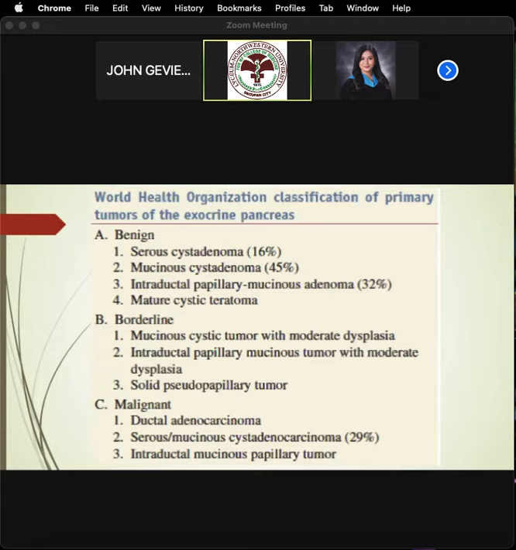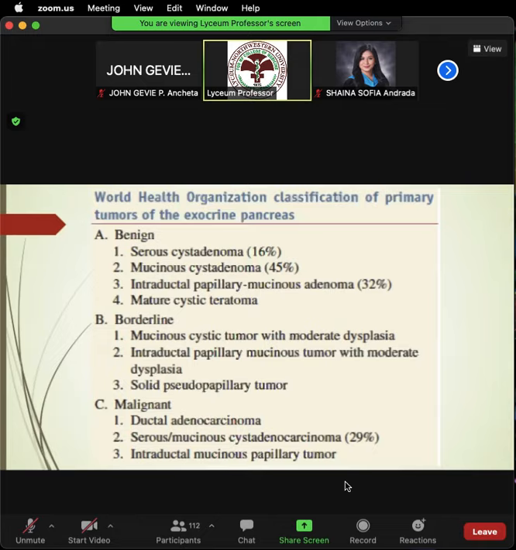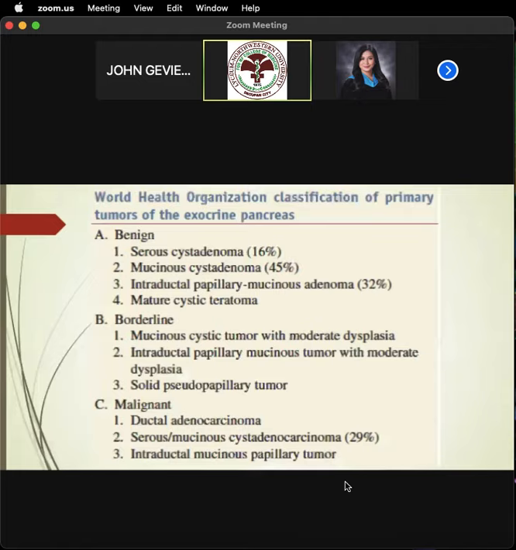But for the borderline, between the serous and mucinous, mucinous is already considered a pre-malignant tumor, as well as intraductal papillary mucinous neoplasm, IPMN, and the solid pseudopapillary tumor, also called Frantz tumor. Then we have the malignant tumors: ductal adenocarcinoma, serous and mucinous cystadenocarcinoma, and intraductal papillary mucinous carcinoma.